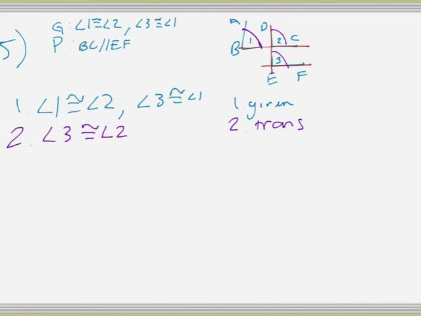I don't need that angle 1 part of the picture at all. If I'm focusing on 2 and 3, I can trace out just those lines. And which 2 lines does it look might be parallel to each other then? BC and EF, which is what we want to prove. So we can say BC is parallel to EF. And our reason would be if corresponding angles congruent, then parallel.